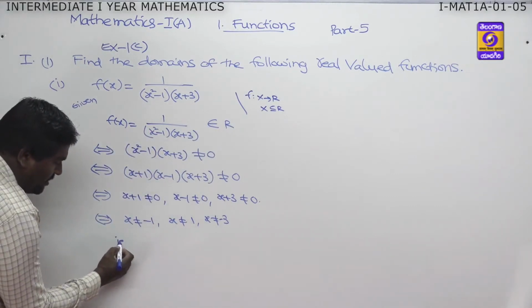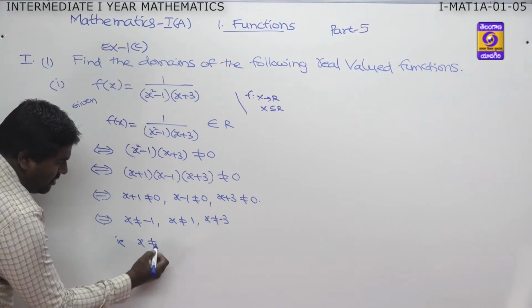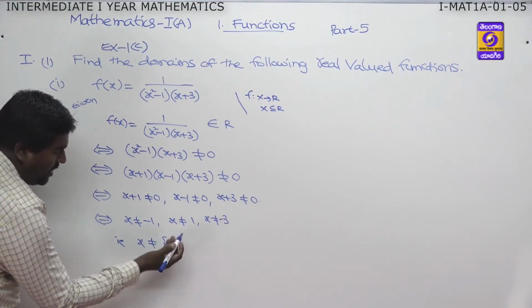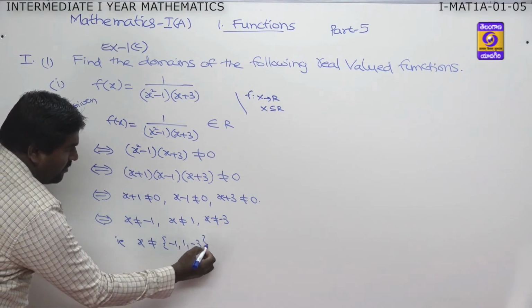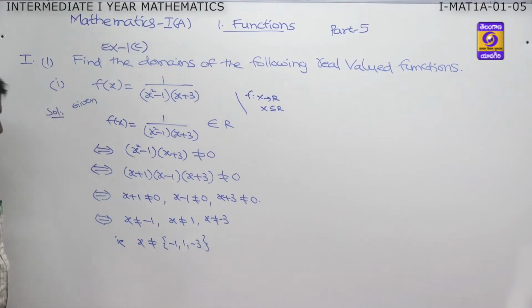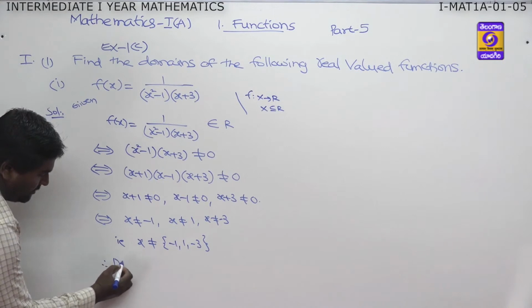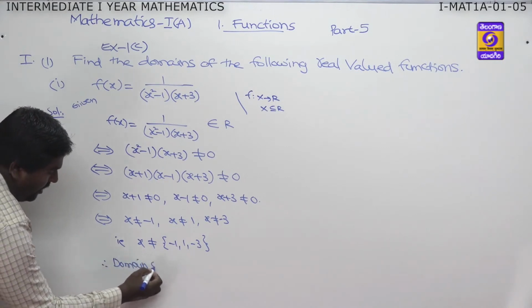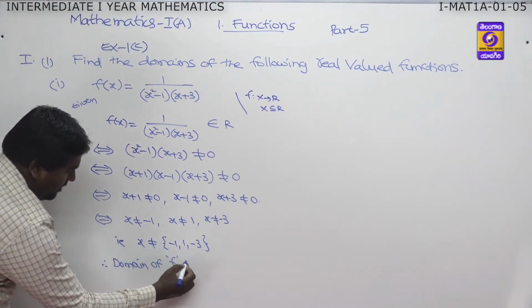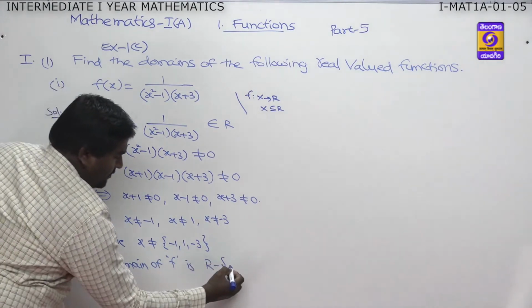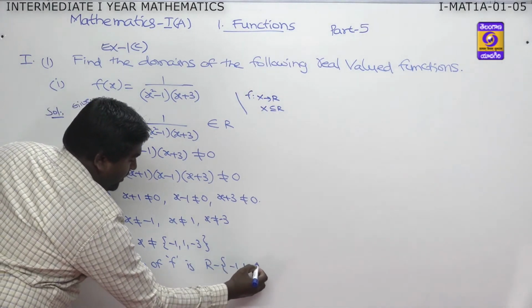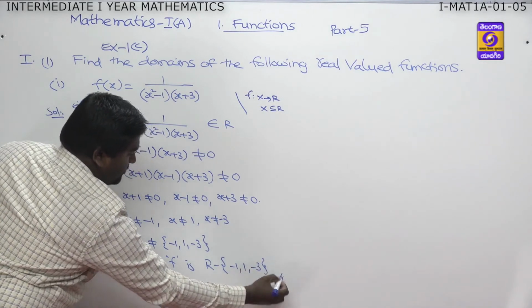That is, x is not equals to minus 1, 1, minus 3. Therefore, domain of f is R minus {minus 1, 1, minus 3}.